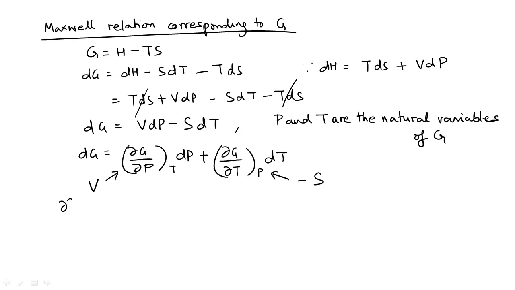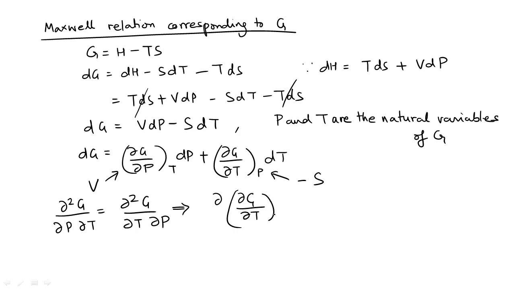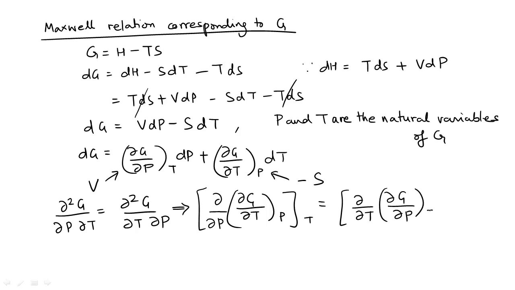Using the symmetry of the second derivatives, ∂²G/∂P∂T is equal to ∂²G/∂T∂P, which implies the derivative of (∂G/∂T) at constant pressure with respect to P at constant temperature is equal to the derivative of (∂G/∂P) at constant temperature with respect to T at constant pressure.